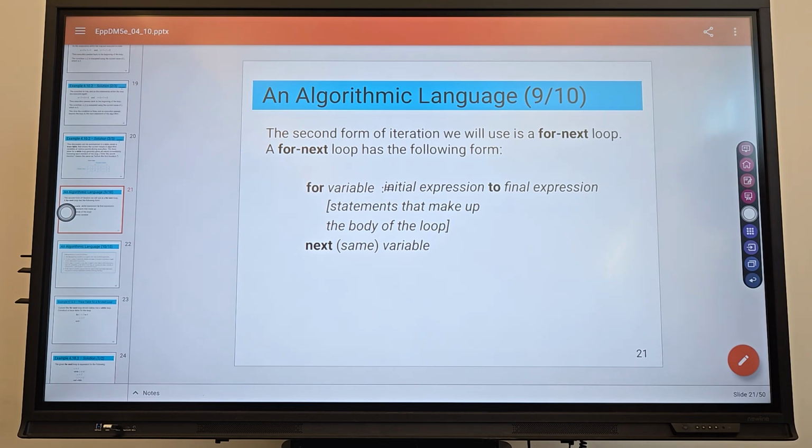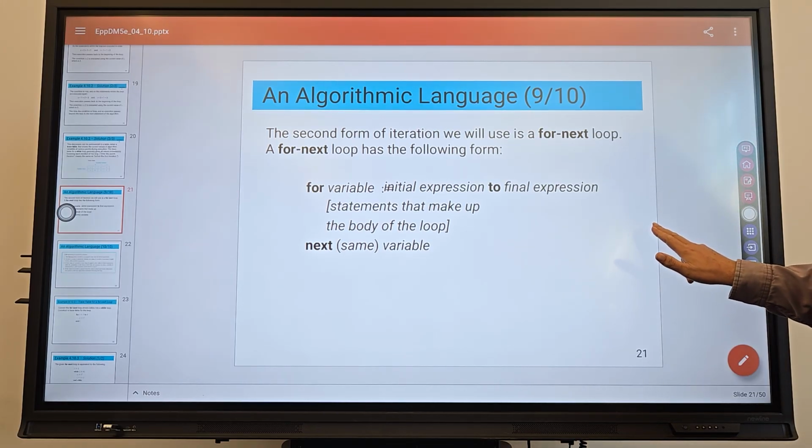That's the structure that BASIC uses, whereas C++ uses the initial state, condition, and increment format. But the end result is the same.